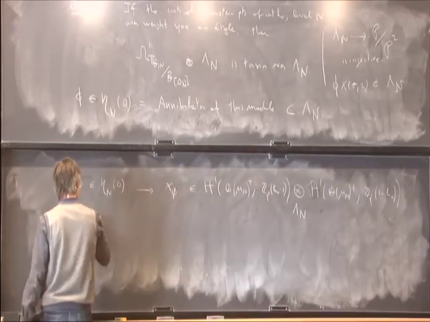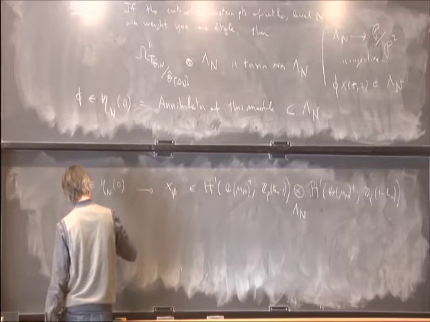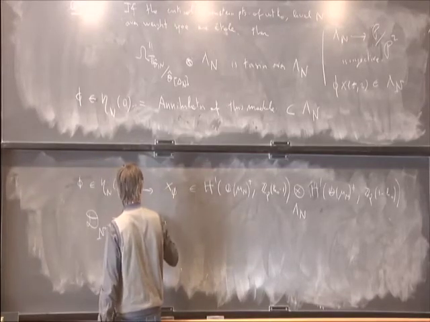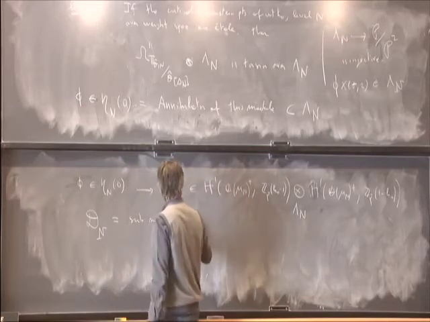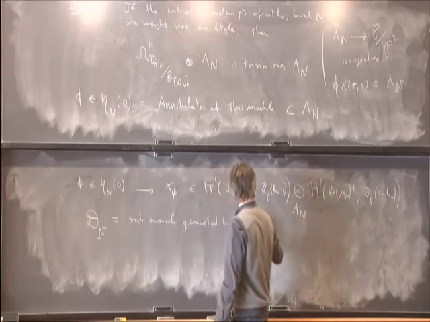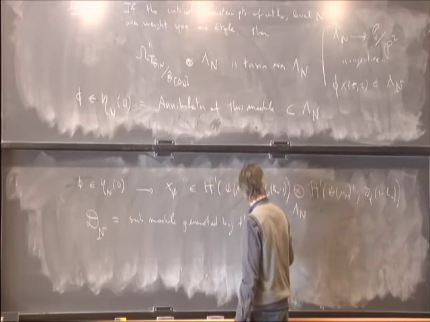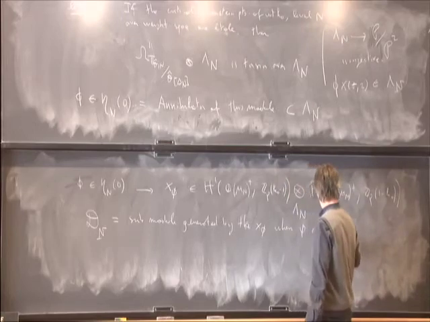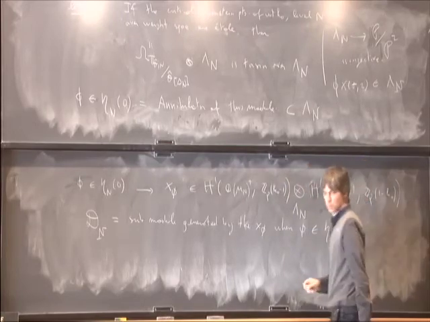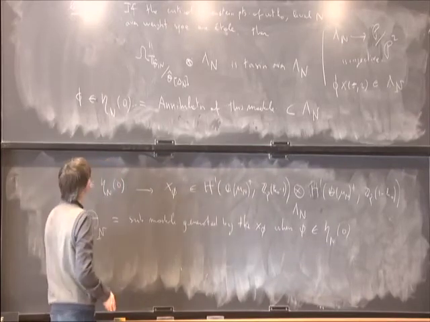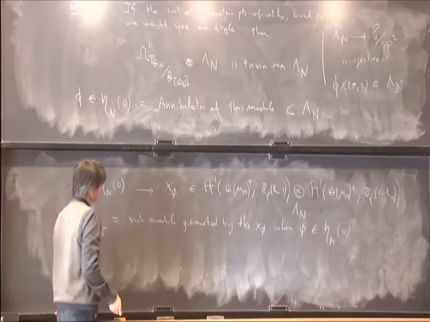And so you can consider Dn the submodule generated by the x phi, when phi runs in this.